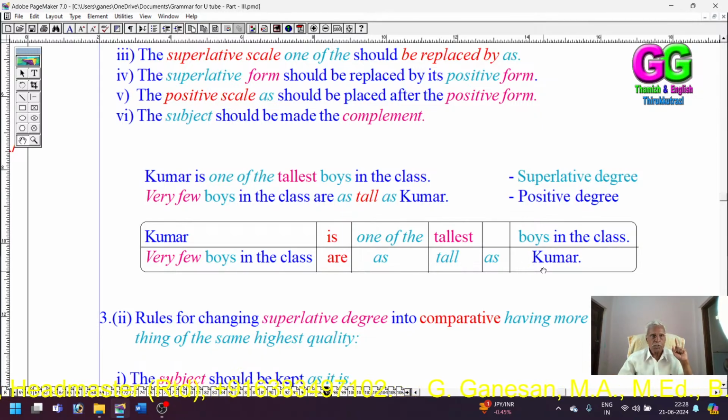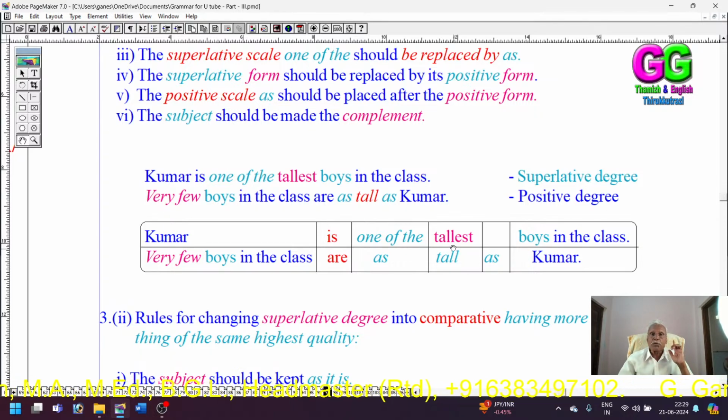Again, first, in the complement of the positive degree, "very few" should be added before the plural noun, and the entire complement should be made as the subject. Secondly, verbs should be changed according to the subject: singular "is", plural "are". Thirdly, the superlative scale "one of the" should be replaced by the first positive scale "as".